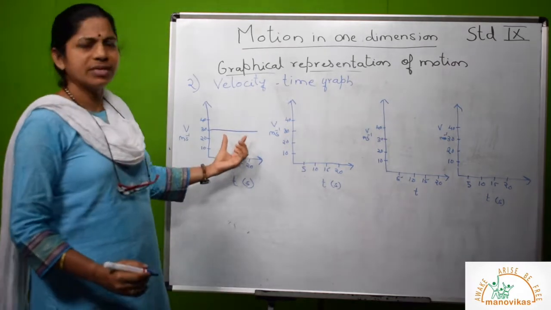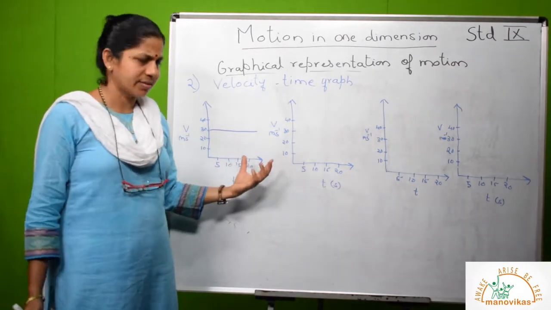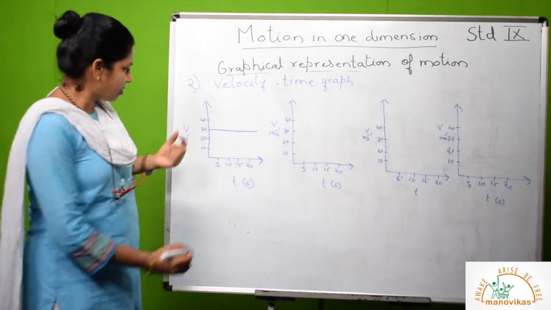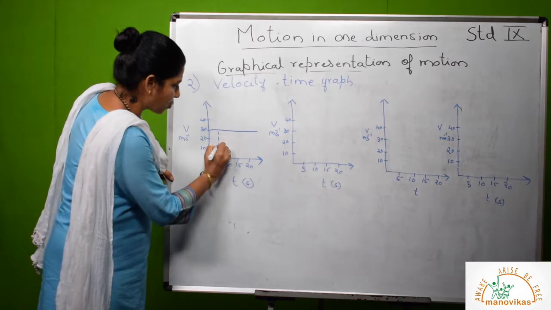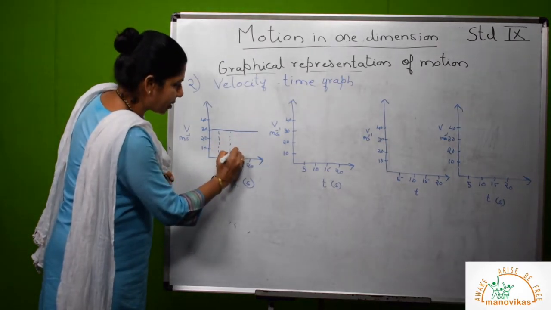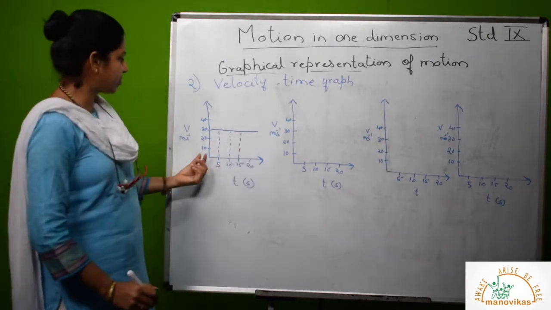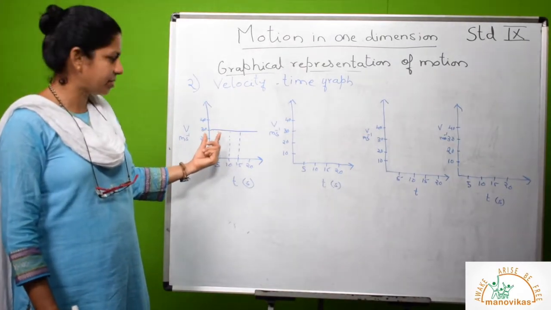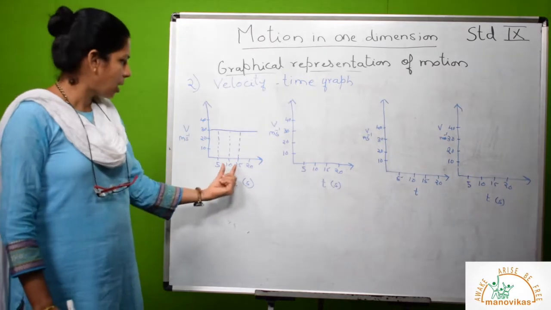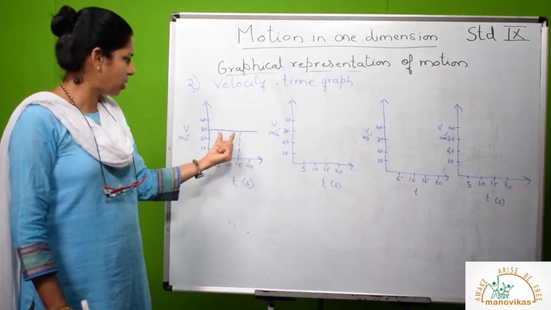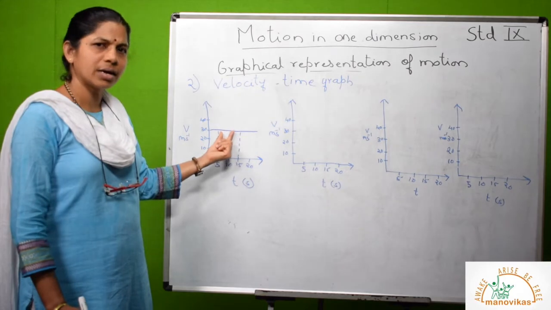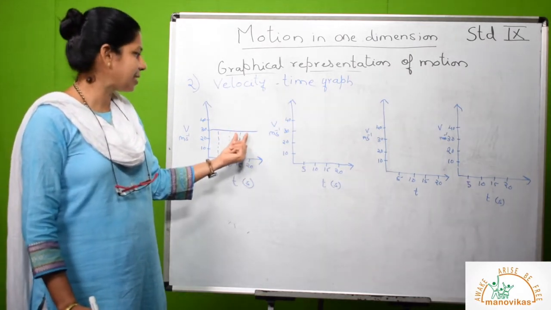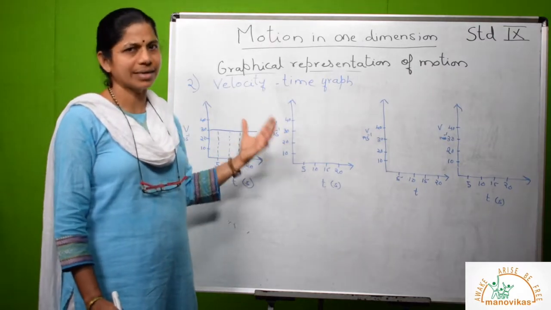Okay, so the first type is wherein you have a line which is parallel to the time axis. When you have a line parallel to the time axis, what is the information that you are getting? We'll interpret the graph as: after 5 seconds, the velocity of the object is 30 meters per second. After 10 seconds, the velocity remains at 30, and after 15 seconds also the velocity is still 30 meters per second.